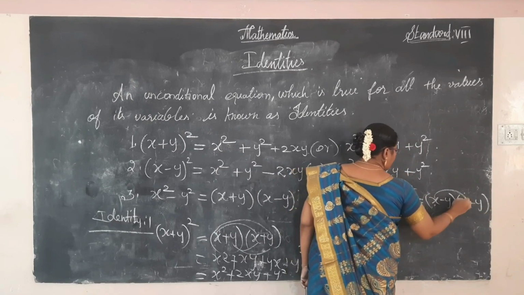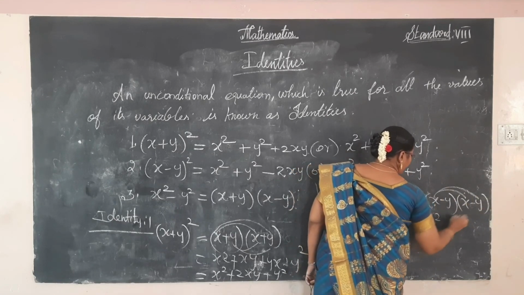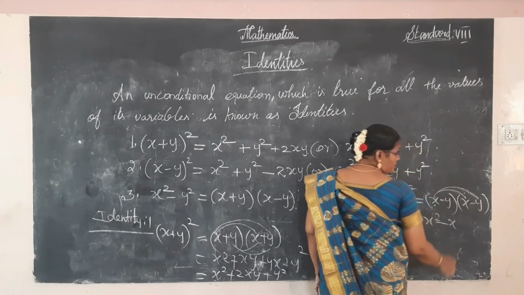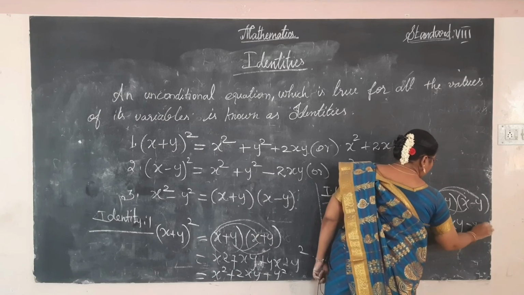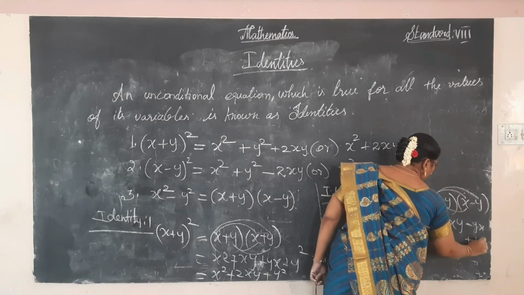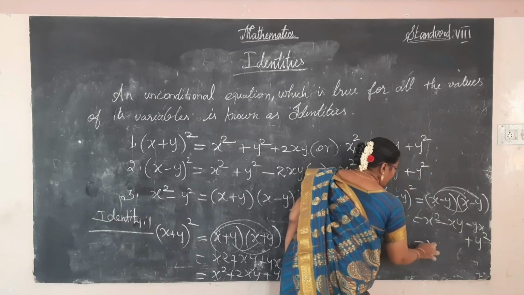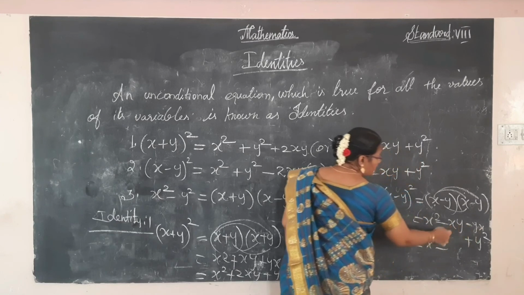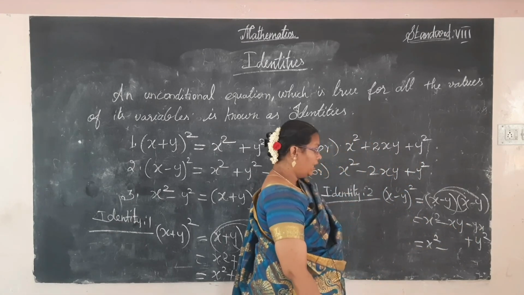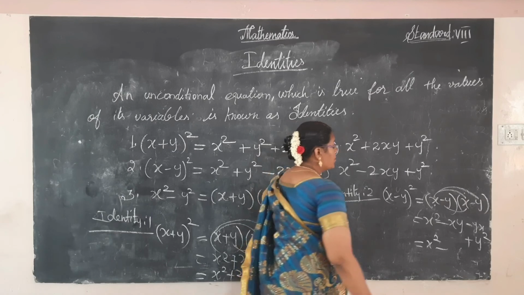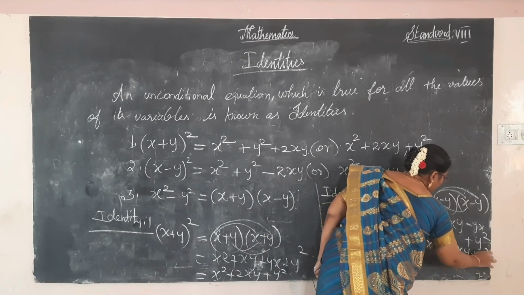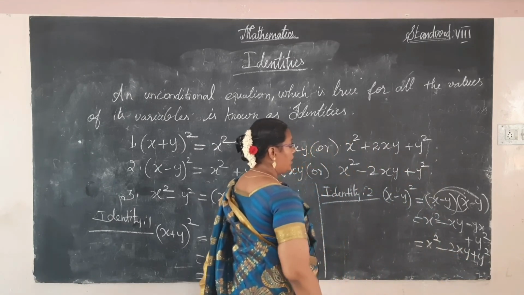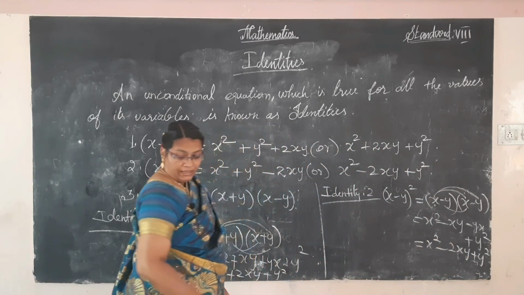So x into x, x square; minus into plus, minus xy; here minus yx; minus into minus, plus y square. It can be written as x square minus, both have the same sign, so both are like terms. So add and put the same sign: 2xy plus y square. Okay, that's it.